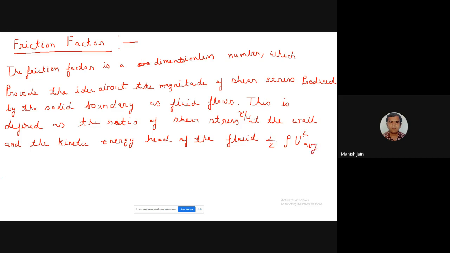Here rho is the density and v average is the average velocity of fluid.